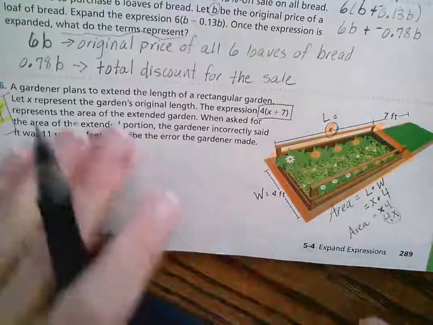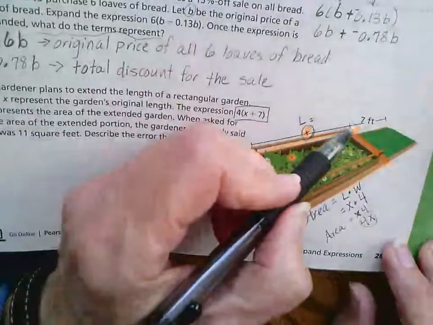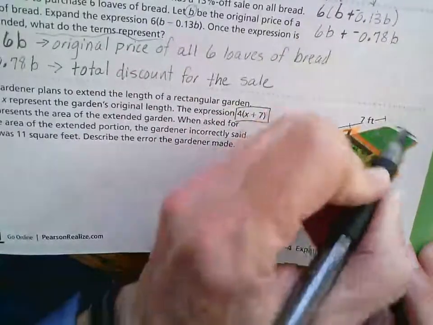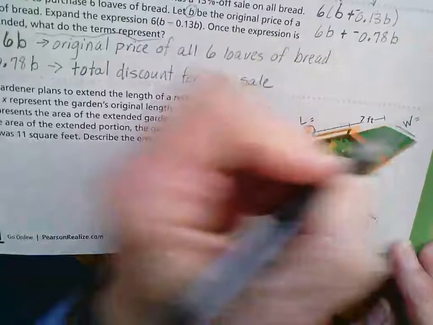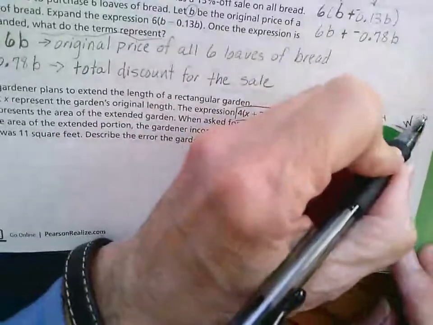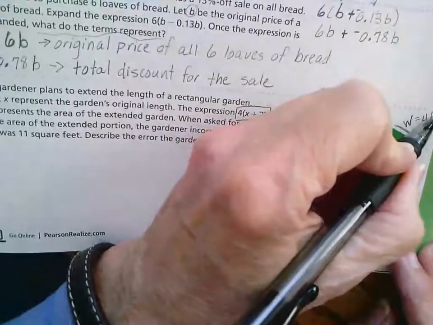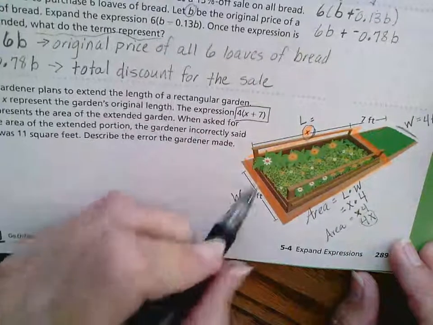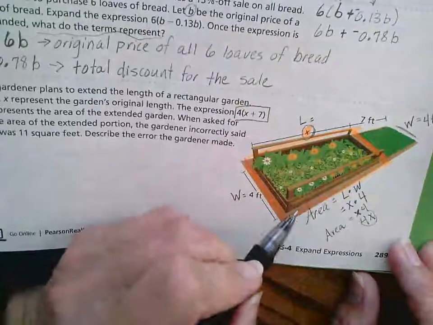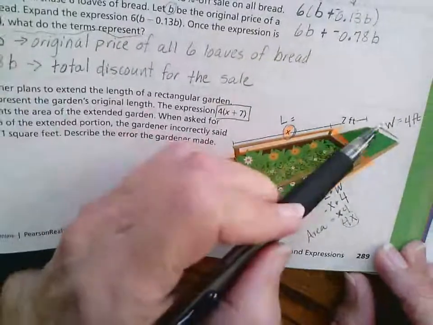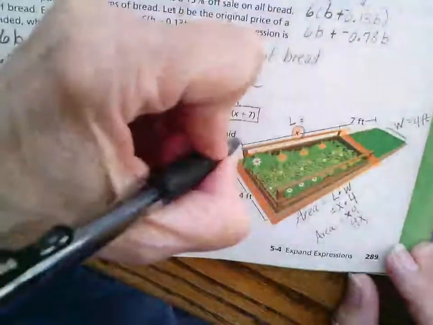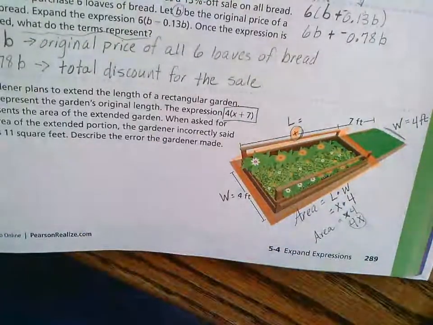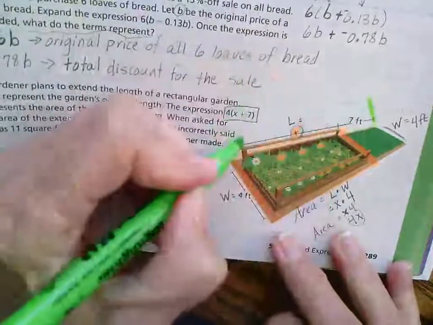But we're extending that. We're extending it by 7 feet. Back here, the width is still going to be 4 feet. It's still going to be 4 feet. It's the length that we're changing. So now my new garden is going to be this dimension for my length.